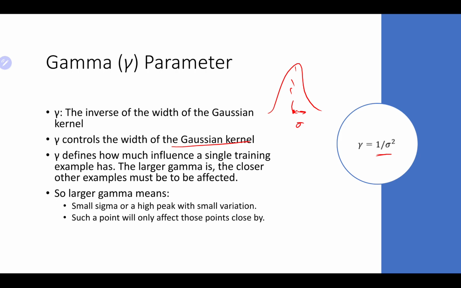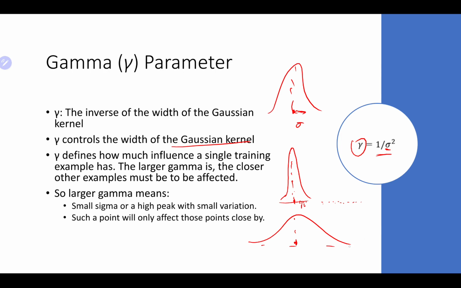So this is a single support vector. How much of an influence does it have? If it is a larger gamma, that would mean a smaller sigma value, and a smaller sigma value would mean a drastic peak there, like this. If gamma is larger, the closer other examples must be to be affected. If a new data point comes in and it is far away, it will not be affected because only these close points will be affected. But a smaller gamma value would be like this, with a much larger sigma value.